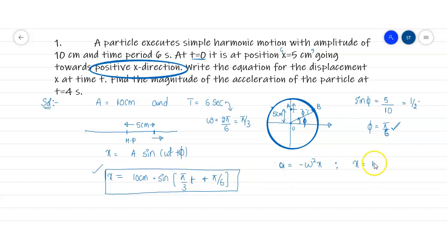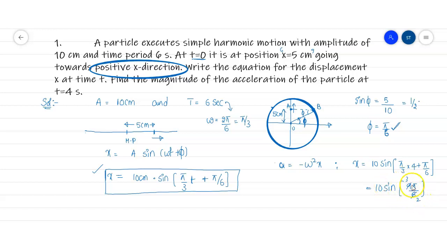So this will be equal to 10 sine(pi by 3 into 4 seconds plus pi by 6). So you can take the LCM, this will be 4 pi by 3 plus pi by 6, which will be equal to 10 sine of 9 pi by 6.